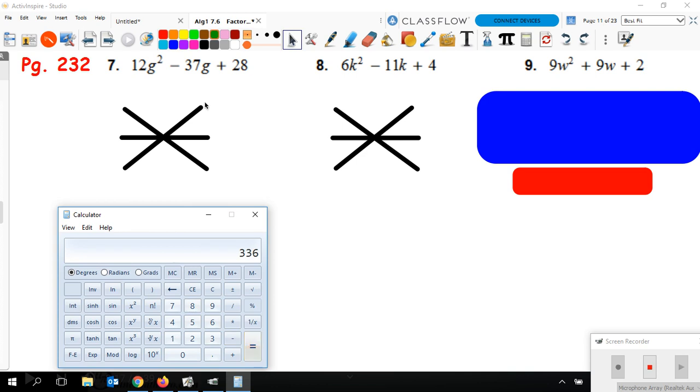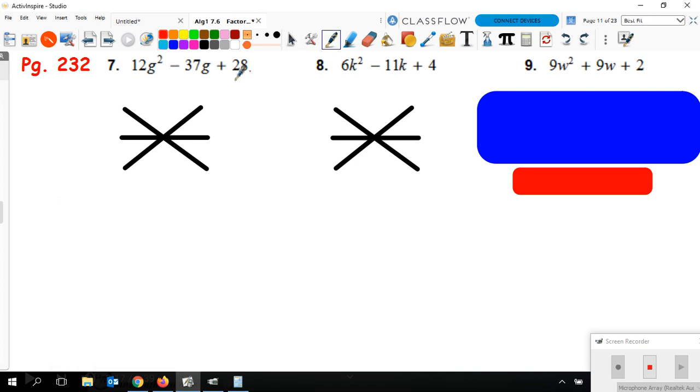So that's the top of our star, and it's positive, so I'm going to put positive 336. The B number is negative 37. That's going to go on the bottom of the star. And then the top of each side is just the way this begins, 12G here, and a 12G going here.